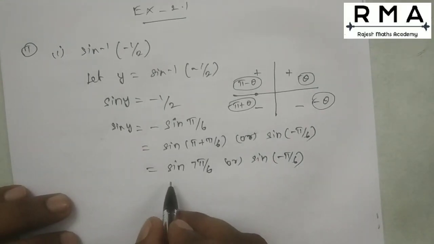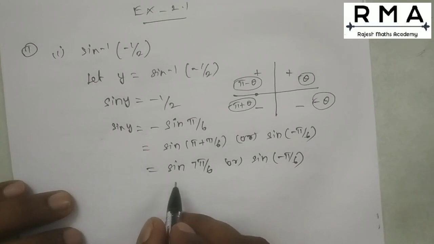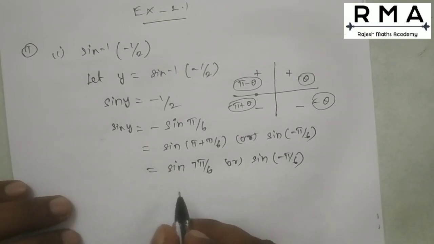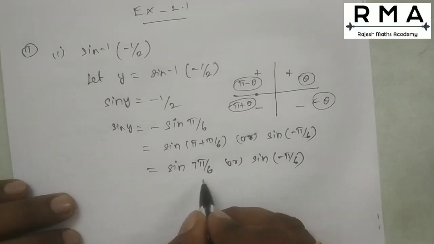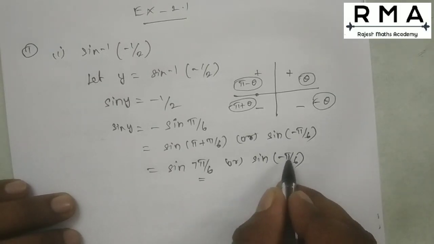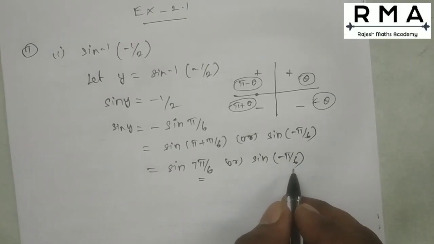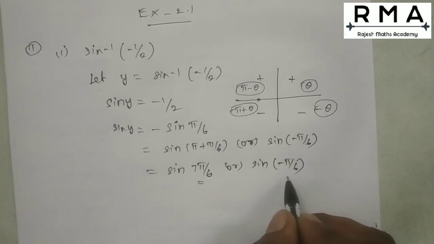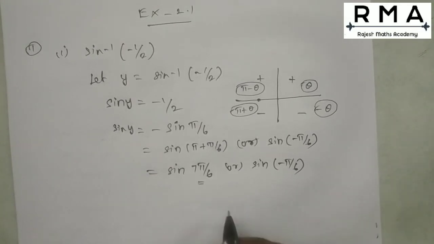So what is our principal value of sine inverse? Principal branch of sine inverse equal to, which means this 7 pi by 6 never belongs to the given interval. This minus pi by 6 only belongs to the interval. Clear? So the principal value branch of sine inverse is minus pi by 2 to plus pi by 2.